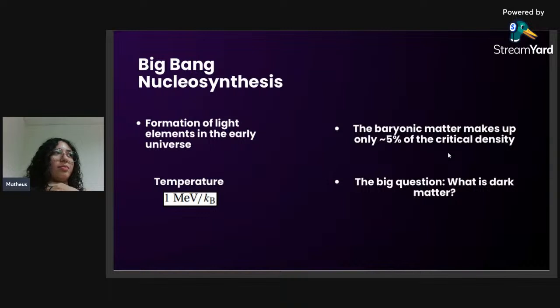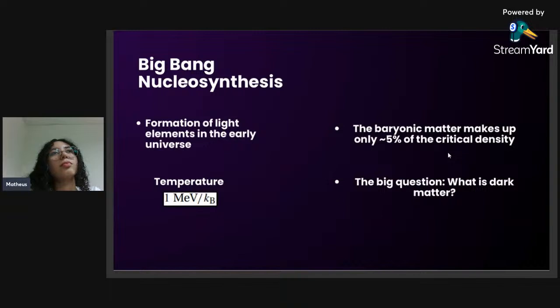Baryons are everything except radiation: electrons, protons, the whole standard model. We don't have a dark matter candidate in the standard model, except neutrinos, which could be a small part of it.